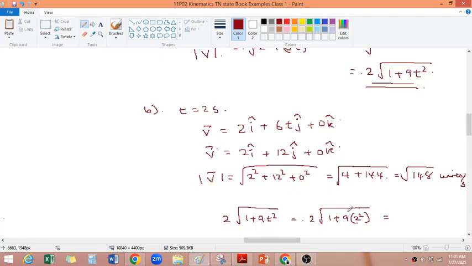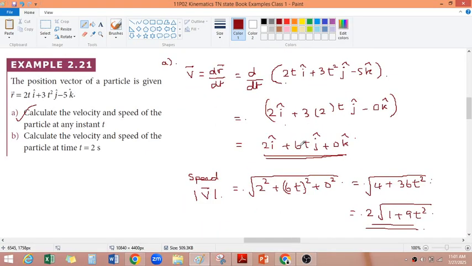So when 2 comes inside, it will be 4. So 4 into 37. 7 4s are 28, 2, 12, 148. See, you will get the same answer. Any doubts here?